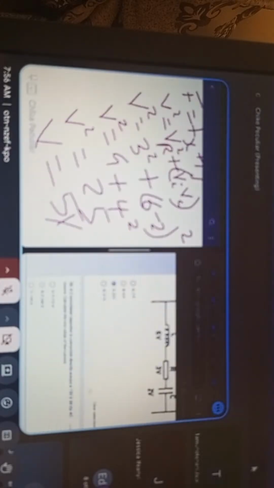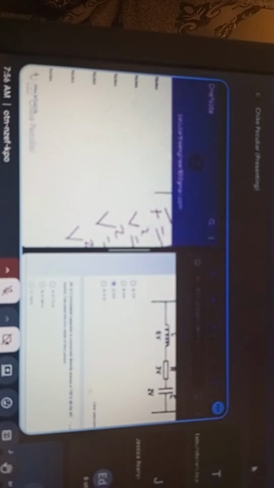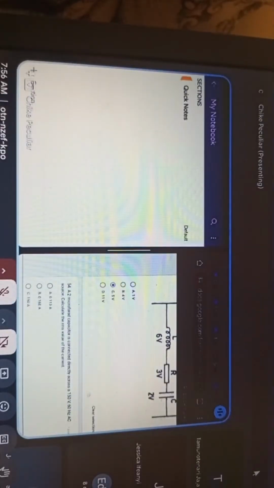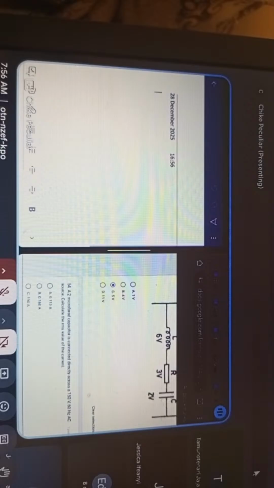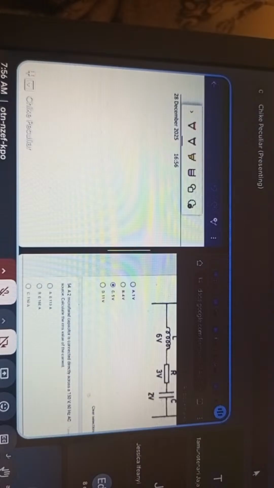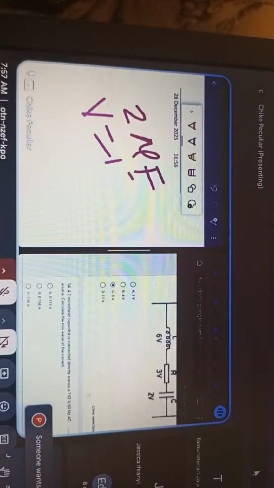All right, so that explains question 53. Now for 54, still on AC circuit. It says a 2 microfarad capacitor is connected directly to 150 volts, frequency 60 hertz.